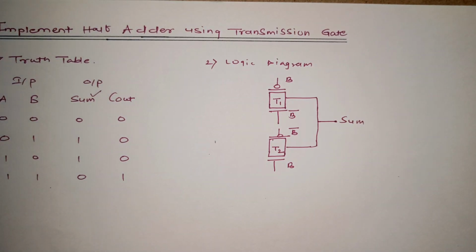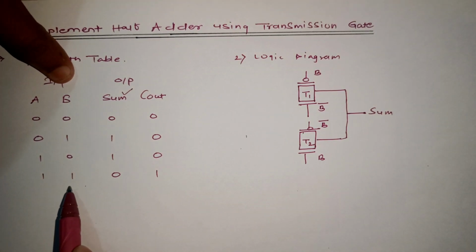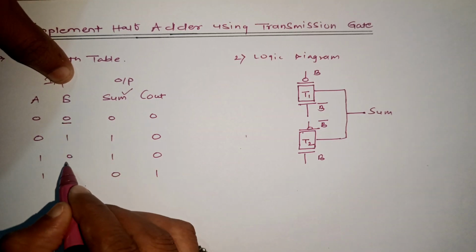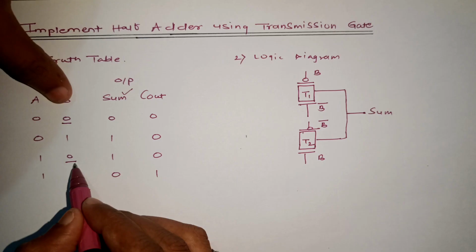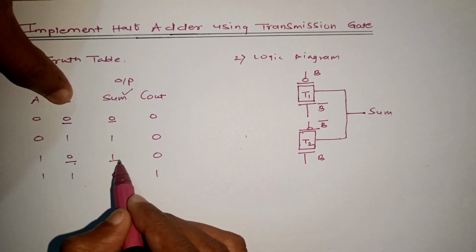Now the question arises, how can we connect A, 0, 1 or A bar? That comes from the logic of the truth table. Here first we'll deal with when the control signal is 0. You can see when B is equal to 0, our result sum is 0 and here it is 1.